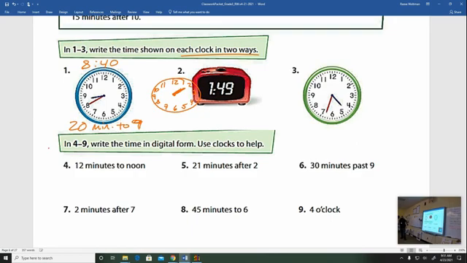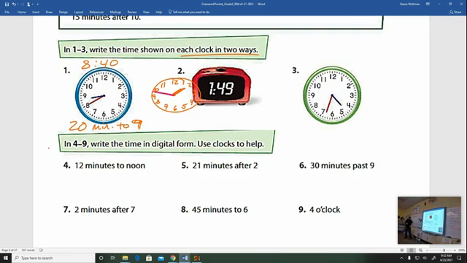Right. Take a look at the clock right here. It is actually 9:49 right now. So not on the 9 because that's 45. Not before the 9 because that would be 44. So it's 49. Right before the 10. That's right. Right here.